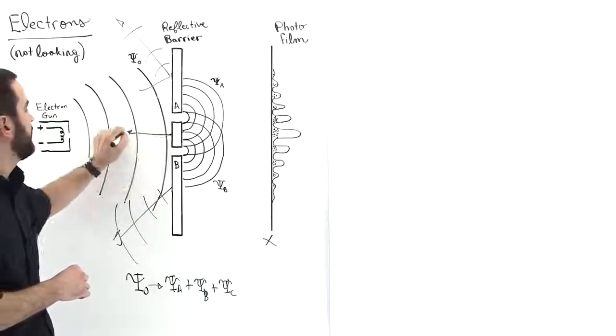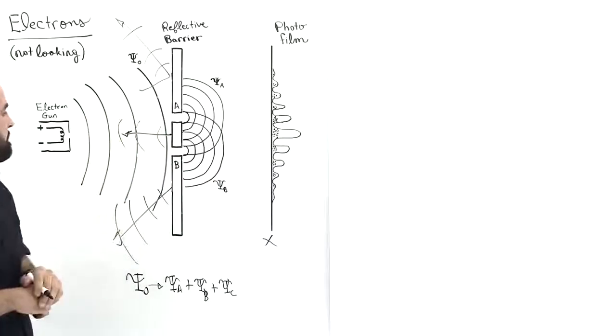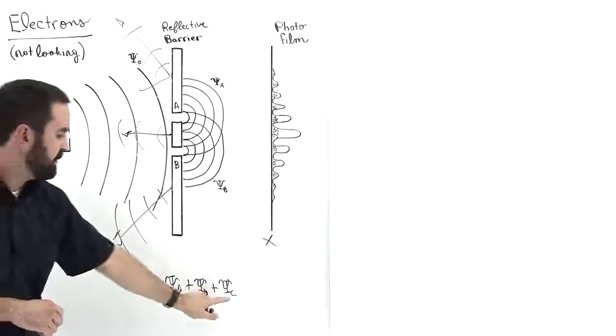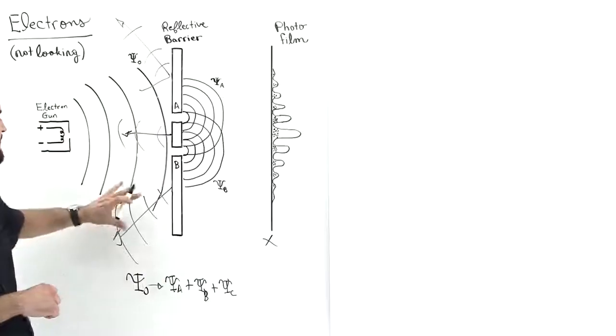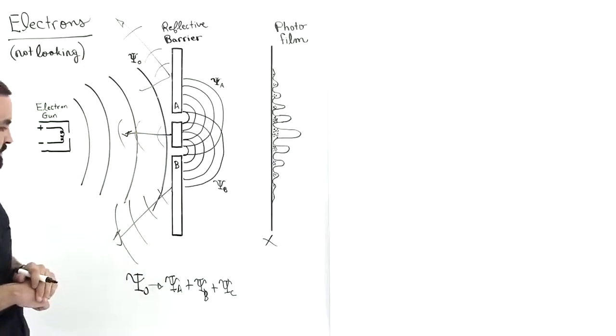And of course, some right here would be reflected straight back, right? Okay, and so psi C represents all of these possibilities of it being reflected back, right?